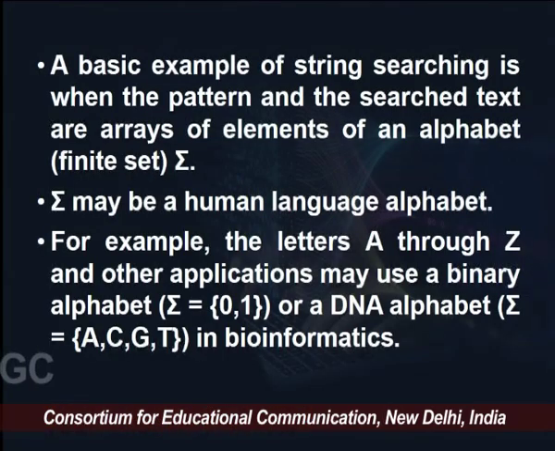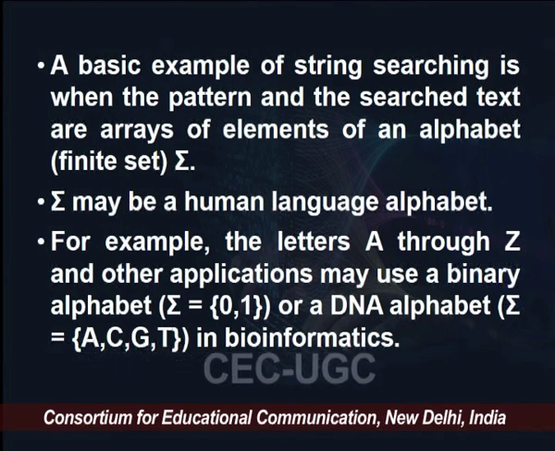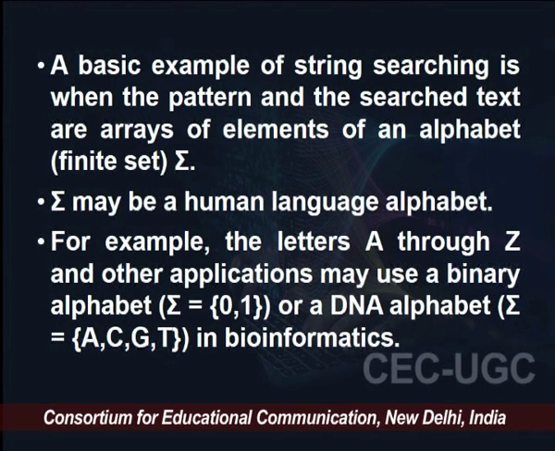For example, one simple example is the find facility in our text processors or any word processor. That is an example of string matching, in which we have letters A through Z and we are looking for some particular occurrences.